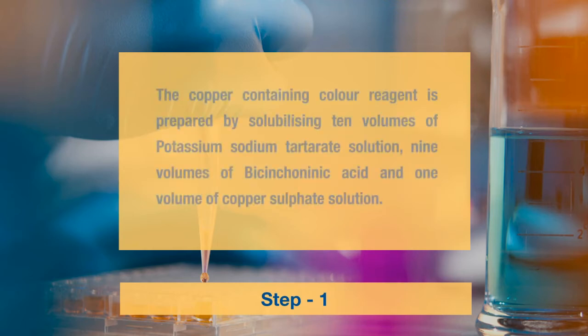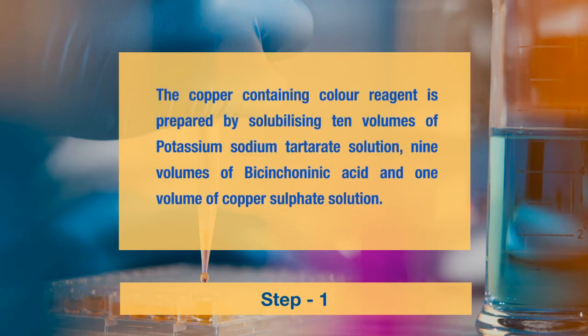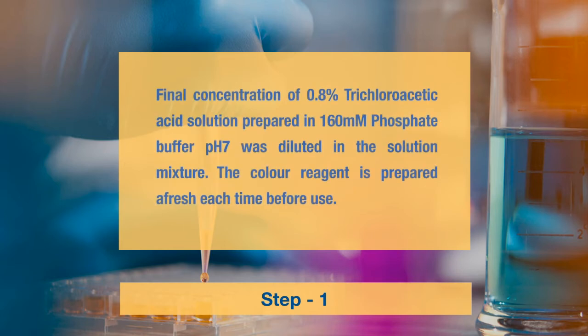The copper containing color reagent is prepared by solubilizing 10 volumes of potassium sodium tartarate solution, 9 volumes of bicinchoninic acid, and 1 volume of copper sulfate solution. The final concentration of 0.8% trichloroacetic acid solution prepared in 160 millimolar phosphate buffer of pH 7 was diluted in the solution mixture. The color reagent is prepared afresh each time before use.